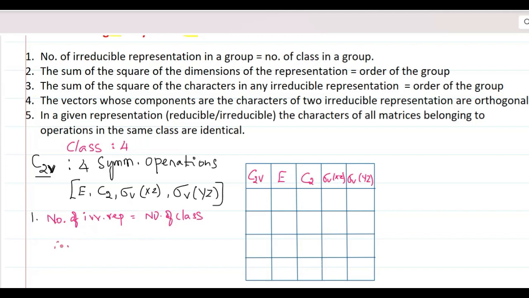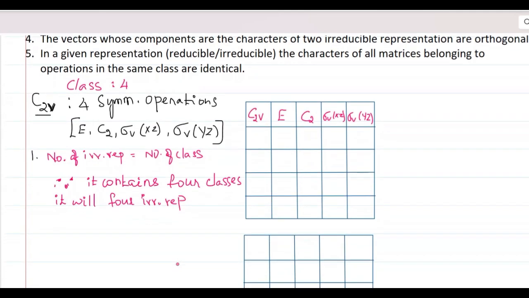Since it contains 4 classes, it will have 4 irreducible representations, which we could represent as irreducible representation 1, irreducible representation 2, irreducible representation 3, and irreducible representation 4. So this is the first rule.